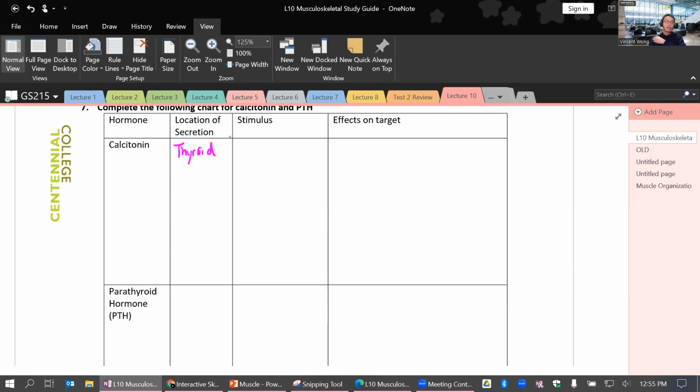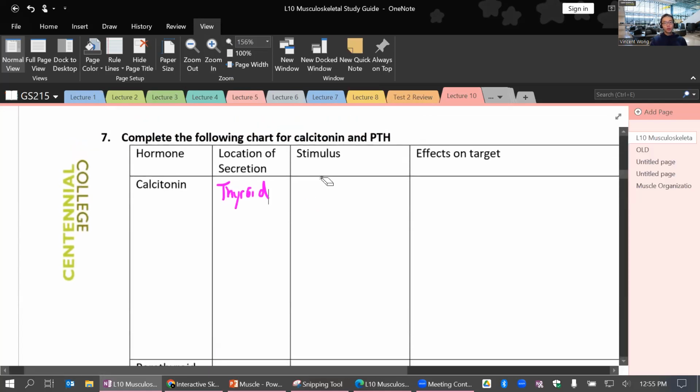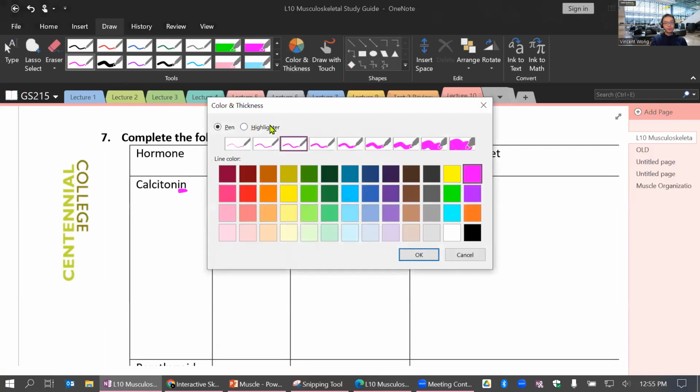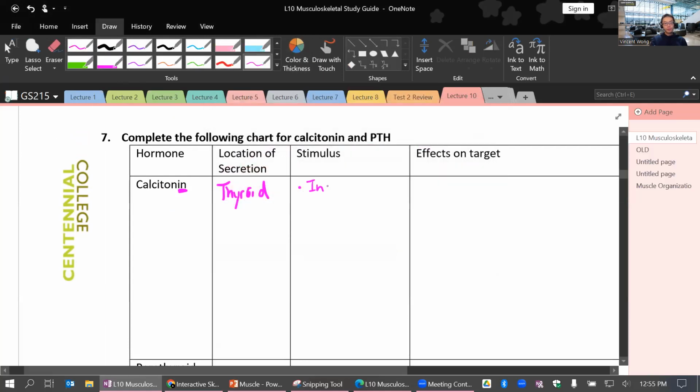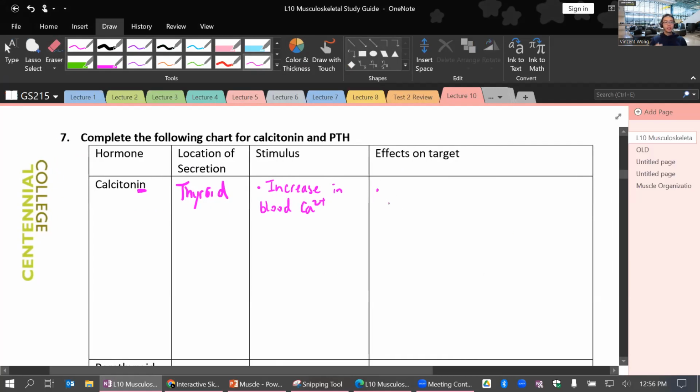The thyroid secretes 3 hormones, and one of them is calcitonin. So what triggers the release of calcitonin? If there's an increase in blood calcium level, then that would trigger the release of calcitonin from the thyroid gland, and the effects would be to find a place for all this extra calcium.